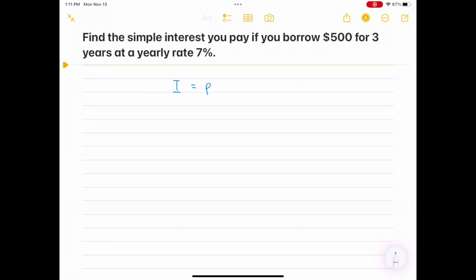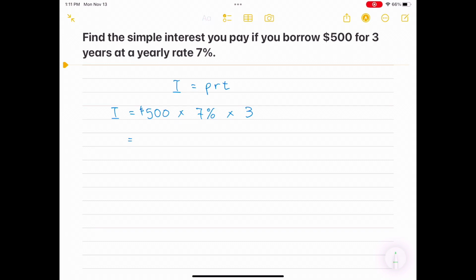Once again, the formula for interest is I equals P times R times T. So I equals P, which is $500, R, which is 7%, and T, which is 3 years, so 3. So we have 500 times 7% times 3.